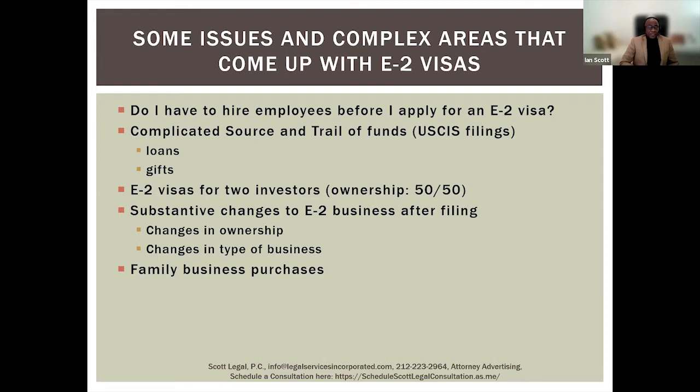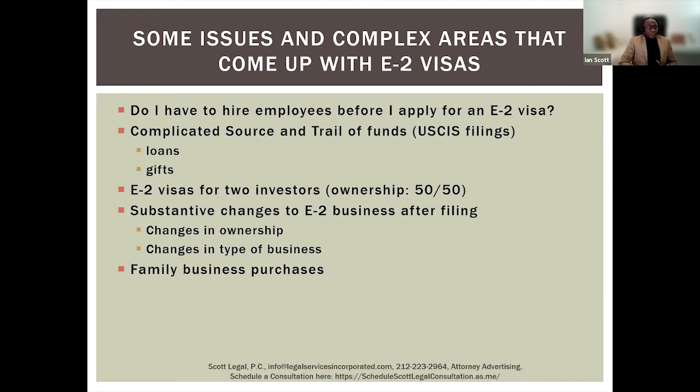If you say that the money came from savings, at a consulate we would probably just provide some information on tax returns. But if we were doing a USCIS filing, we'd have to provide the tax returns, and also bank statements to show accumulation of the funds over time, and then the money coming out of that account. It's just much more complex. Source of funds is a requirement for E2, but we tend to go in very light with consulates, and it's much heavier with USCIS filings.